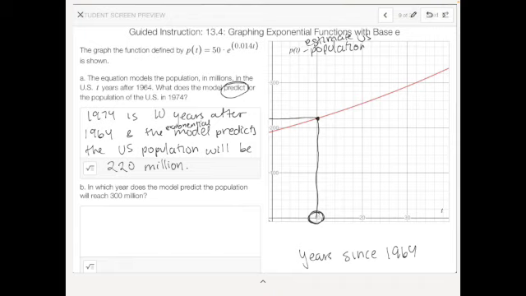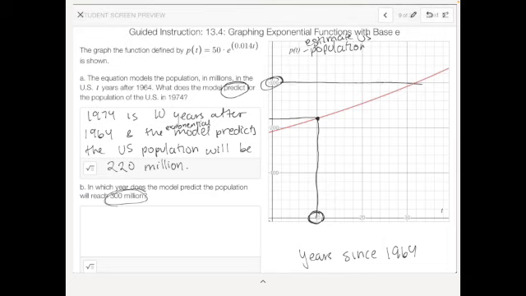Part B says, in which year does the model predict the population will reach 300 million? So now they're telling me the function P of t will equal 300 million. What t value will give us 300 million?